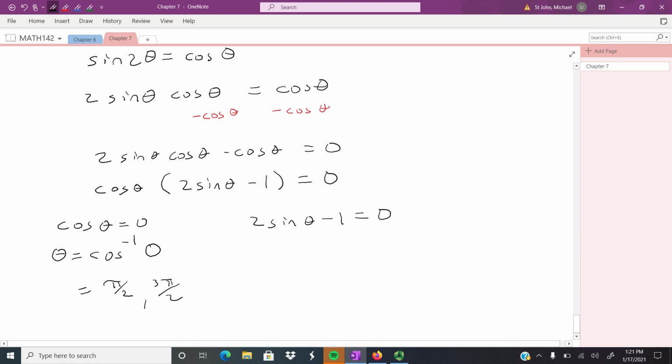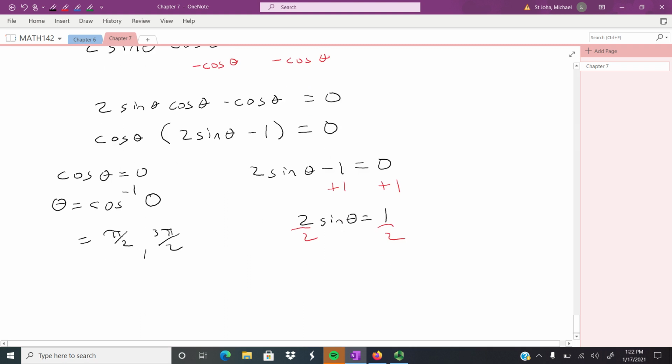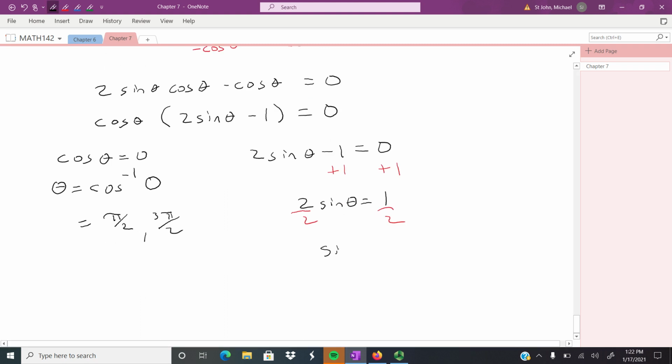And then over here, we take this one and solve. So here I'm going to add 1 and add 1. So 2 sine theta is equal to 1. And then we're going to divide by 2. So sine theta is going to be 1/2, which means then that theta is going to be inverse sine of 1/2.